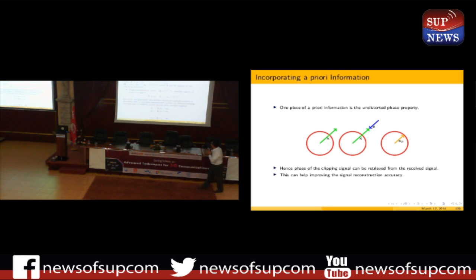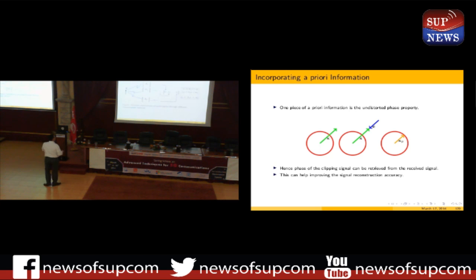We have several systems of equations: Y1 equals A1 X1 plus noise, Y2 equals A2 X2 plus noise. There is nothing common between these equations except one thing: the x's have the same non-zero locations, the same support. They are non-zero at the same locations, but the values at these locations might be different.